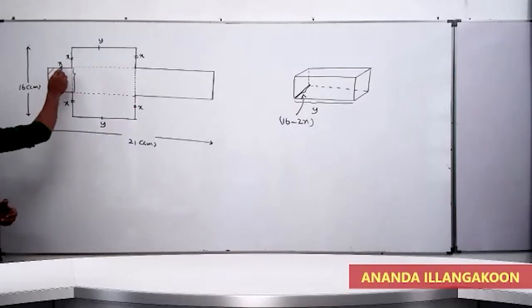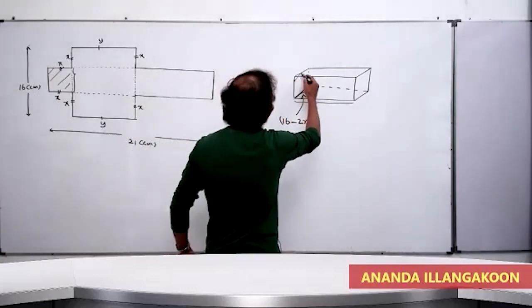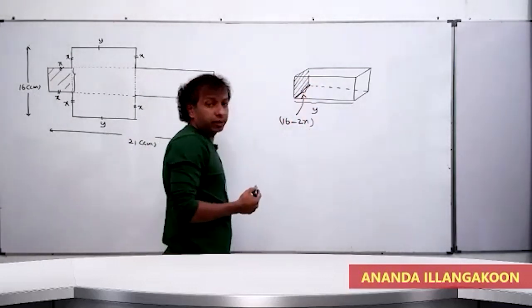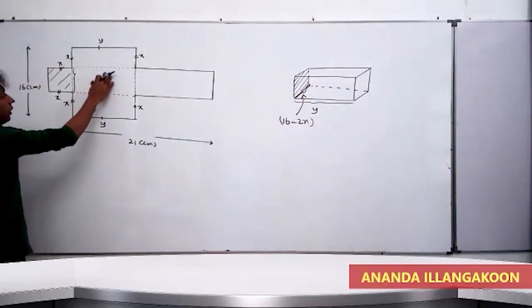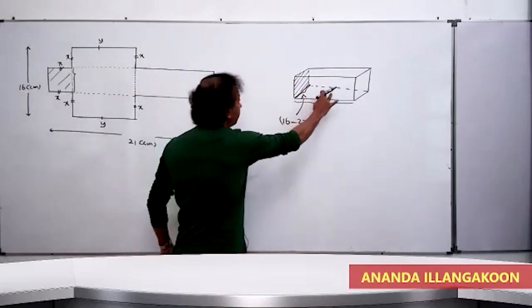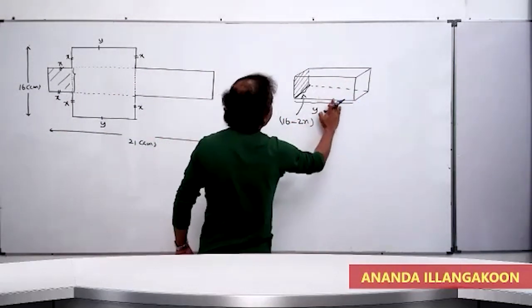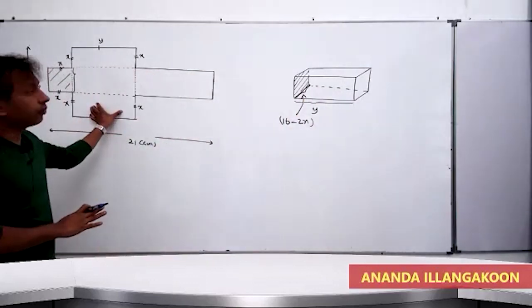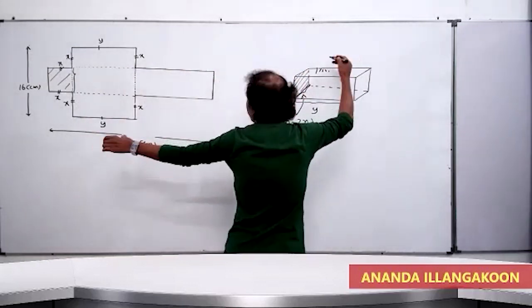By this portion, this part is covered. You can understand that very clearly. By this portion only, this bottom is covered. This side is covered by this. The opposite side is covered by this portion.